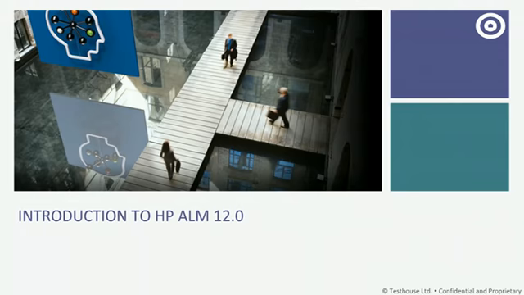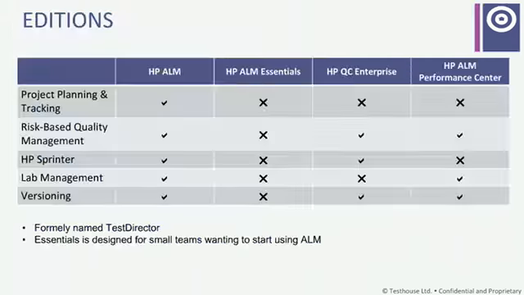So let's start with the HP ALM introduction. Before I begin any further, what you have to bear in mind is that ALM is either called ALM or Quality Center, but it's the same base product, a QA lifecycle tool, and there are different editions of it for different needs.